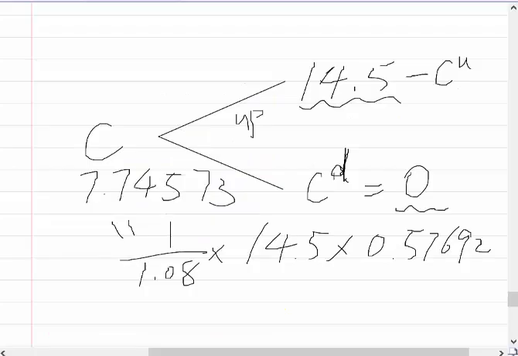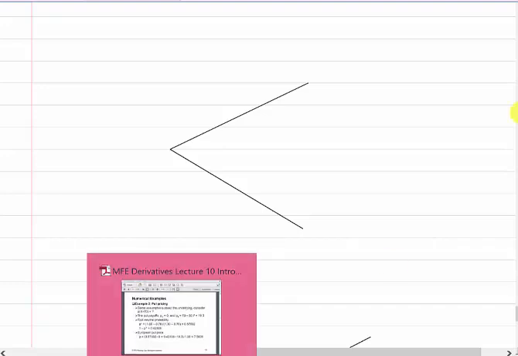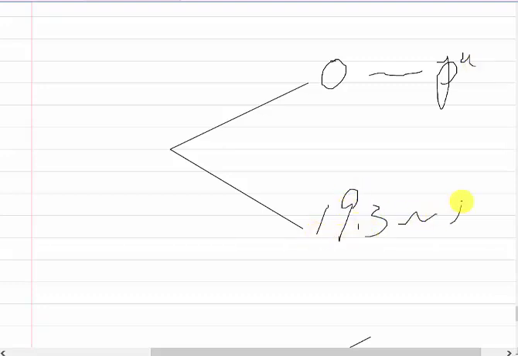So let's write that down. The upstate for the put option is 0. The downstate, right, 19.3 is the put option payoff in the downstate.